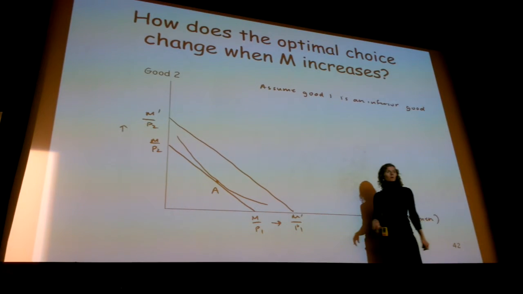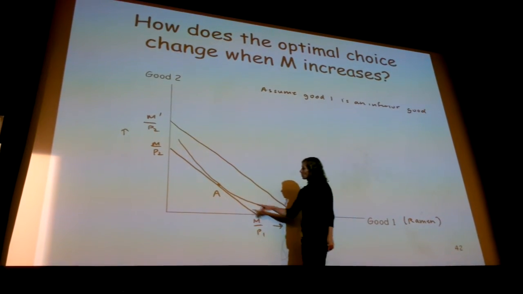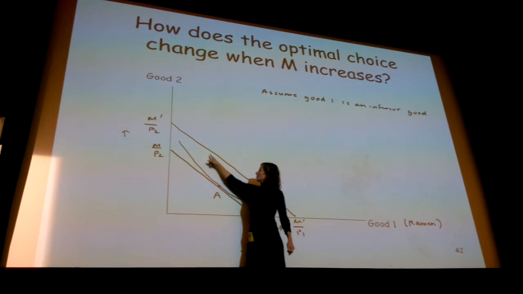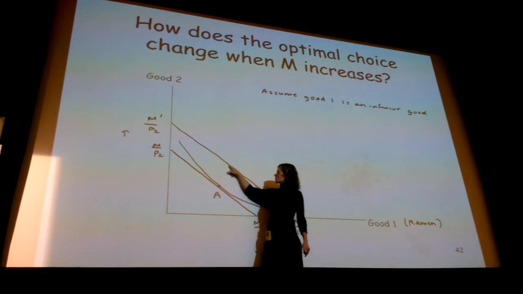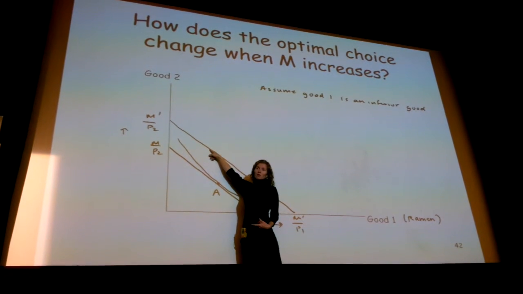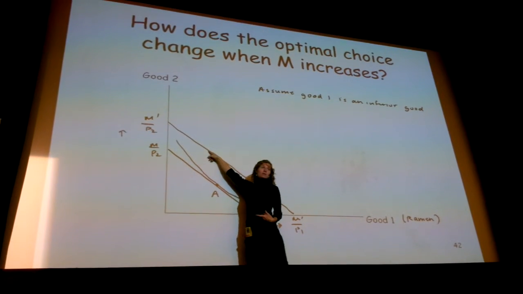And now I want to assume that good 1 is an inferior good. So how do I draw this? Well, if I know that good 1 is an inferior good, I know that this tangency point is going to be somewhere along this new budget constraint, but it has to be somewhere to the left of point A, indicating that the consumption of good 1 is going to decrease when my income increases.